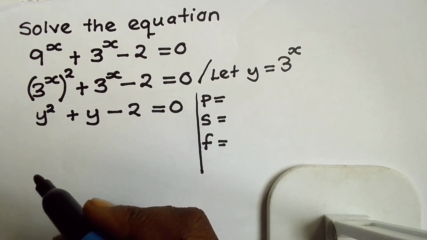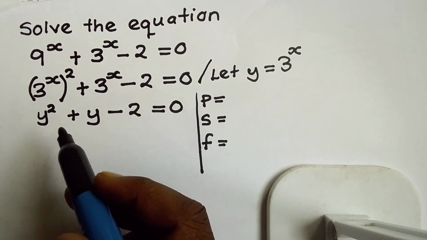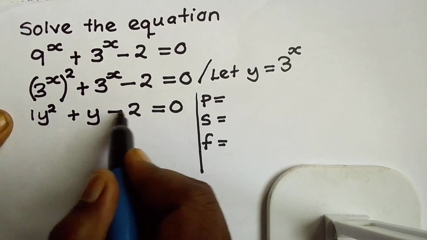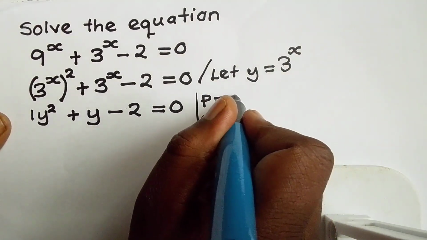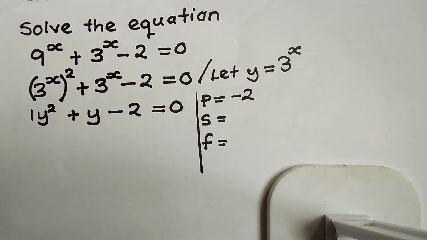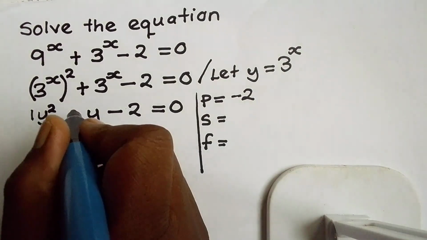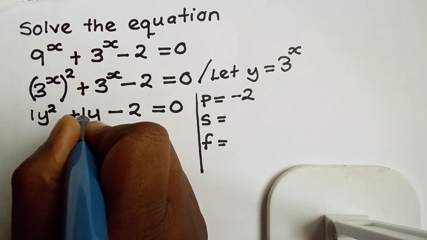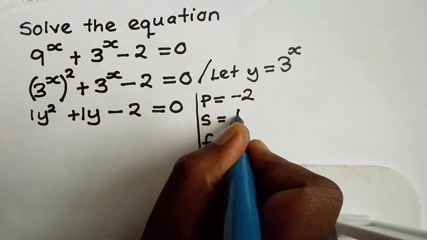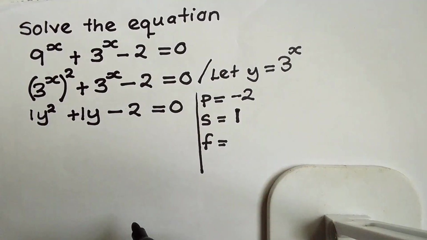You just multiply the first number by the last number. You have a 1 here, so 1 times -2 gives -2, which is our product. Then our sum is the middle term number, the number in between. You have a 1 here, so 1 is our sum.